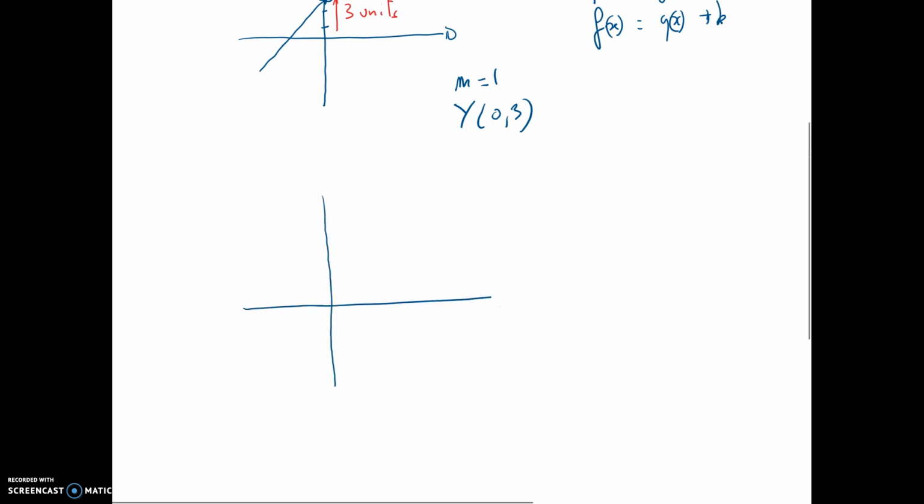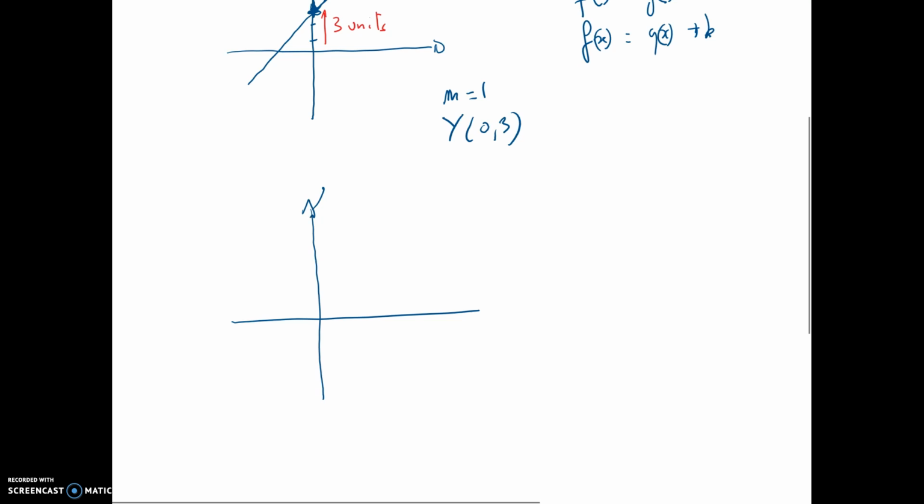Now if I take a look at the other one, y3 equal, oops, I was already ahead of what I want to tell you, x minus 3. This reminds me basically that y3 equal y1 minus 3, which is f of x equal g of x minus k, and that means I will have to go down k units from y1.